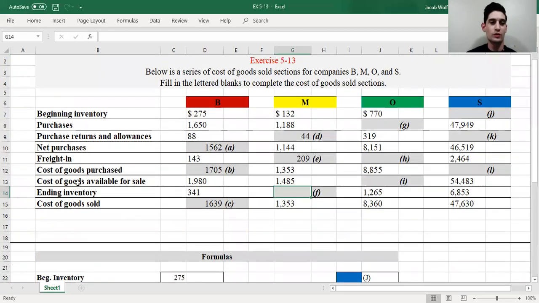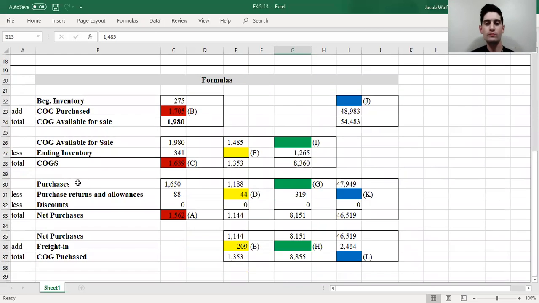So goods available for sale, we'll go to company M. That's 1,485. And so we take 1,353 and subtract it from 1,485, we get a difference of 132.